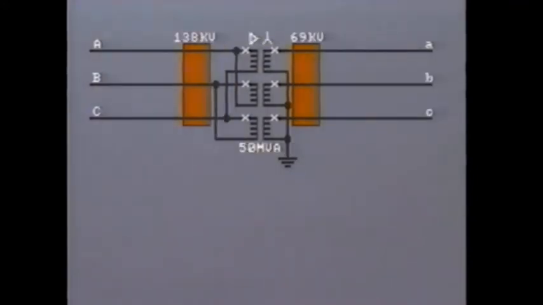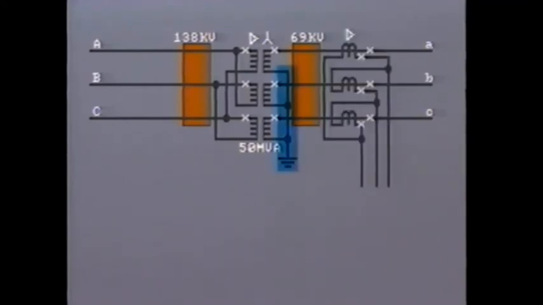Now let's look at phasing for the delta primary Y secondary transformer. The high voltage side operates at 138 kV line to line, while the secondary side is at 69 kV line to line. The neutral of the Y-connected secondary is grounded.